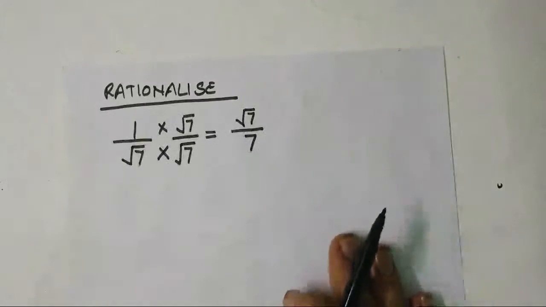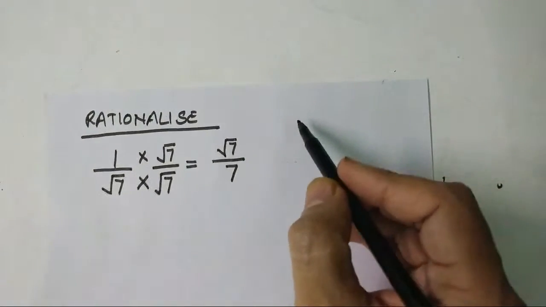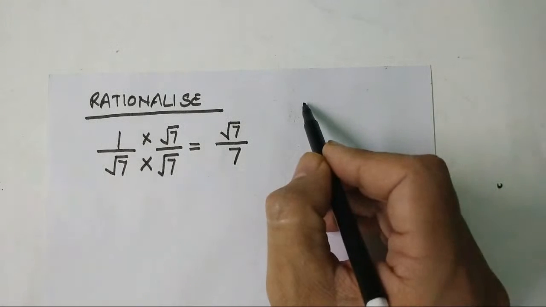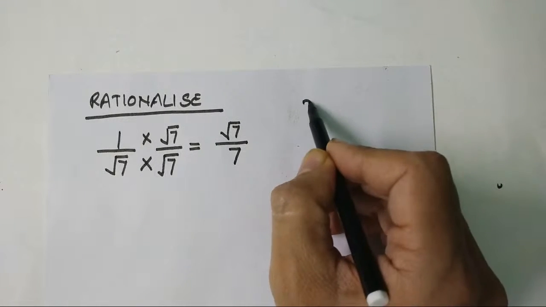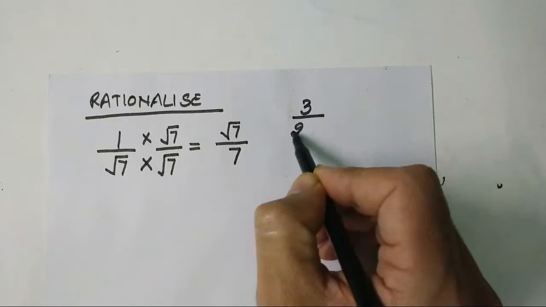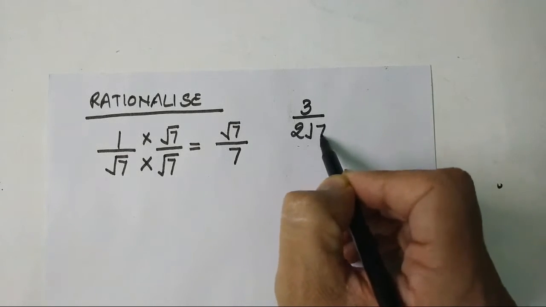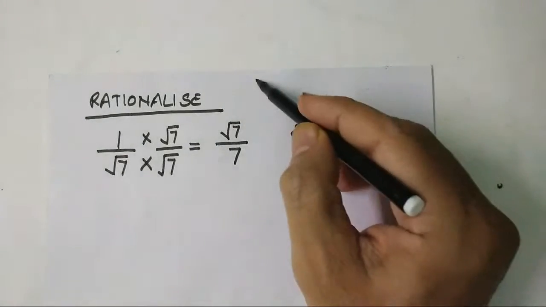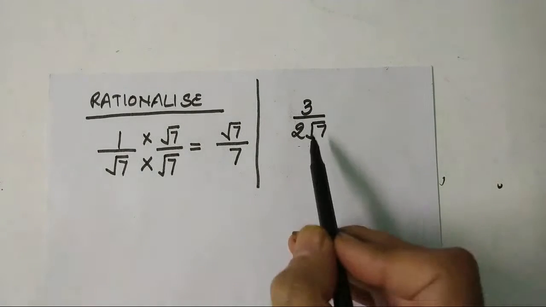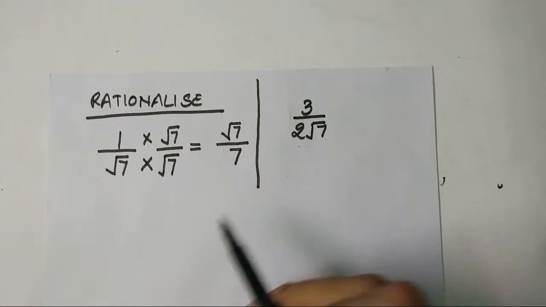Let's take another example. If a number is given, and it is 3 upon 2 root 7. Now this is different. If it is 3 upon 2 root 7, how will you rationalize?